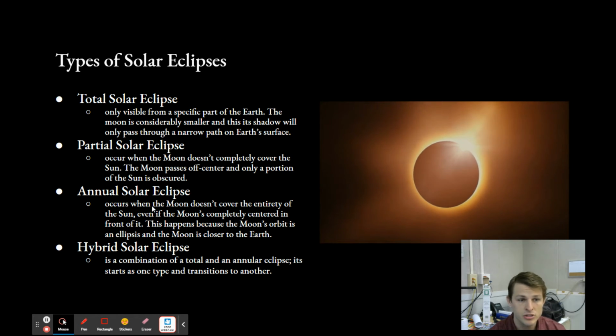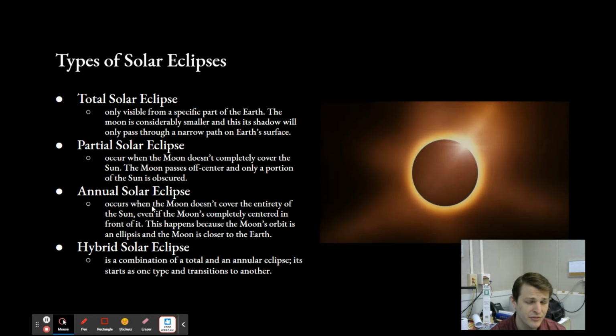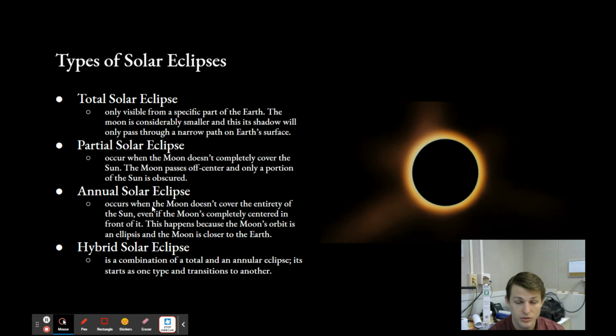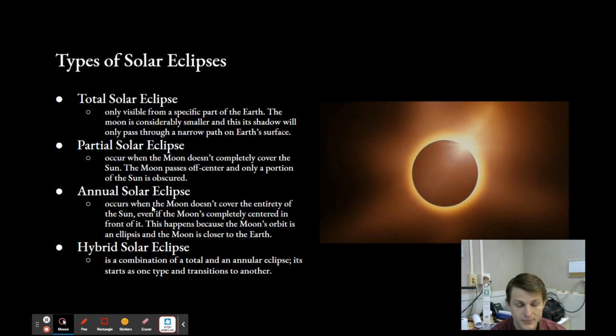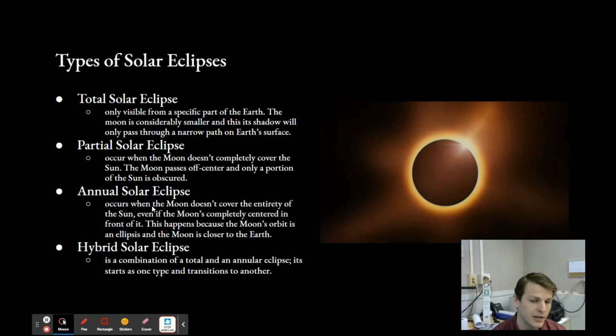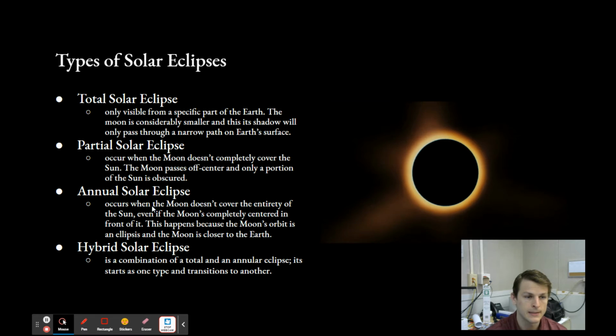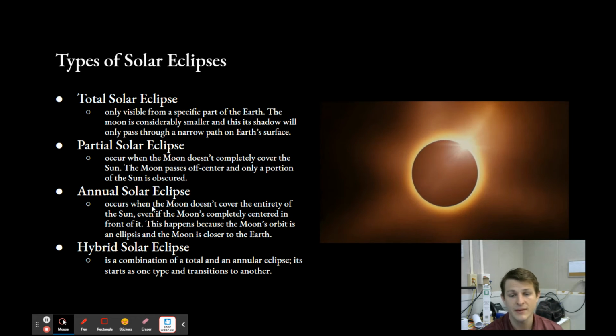You then have a partial solar eclipse. If you remember the penumbral and the umbra in lunar eclipses, we had partial, we had penumbral, and then we had a total lunar eclipse. It depends on which segment.